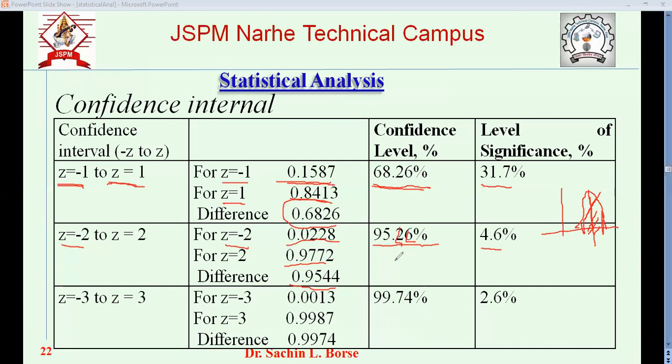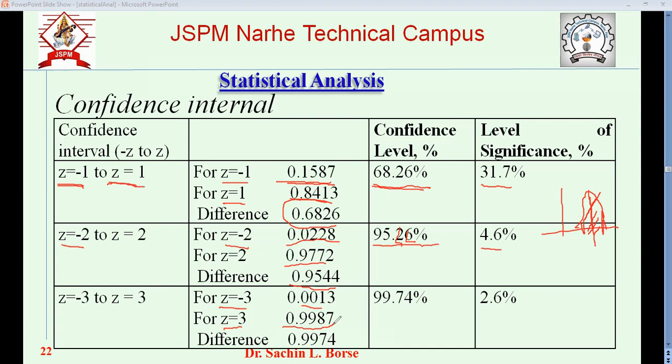Now you go to the greater value of Z. Take Z equals -3, write down the value of area, and go for Z equals 3, write down the value of area. Please check whether it is correct, because I have not taken it from the book, so I may make a mistake.